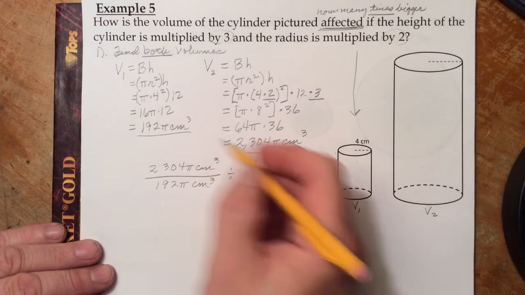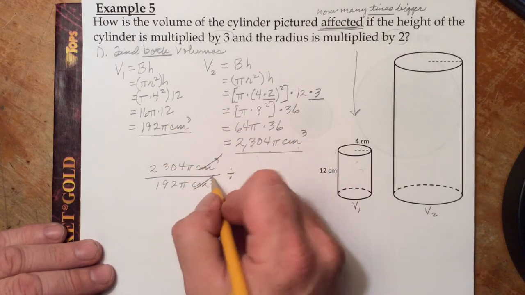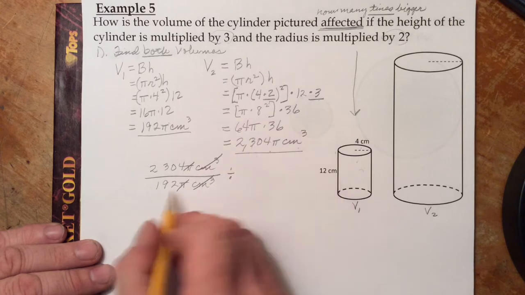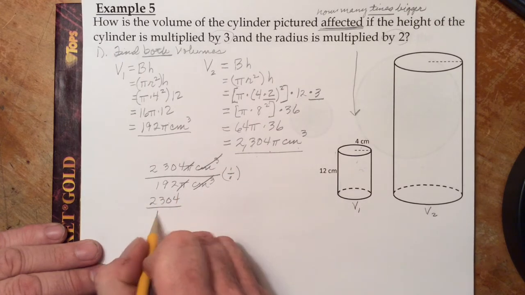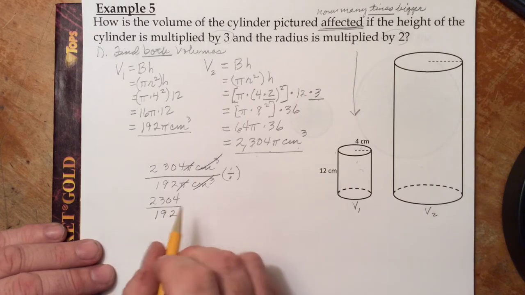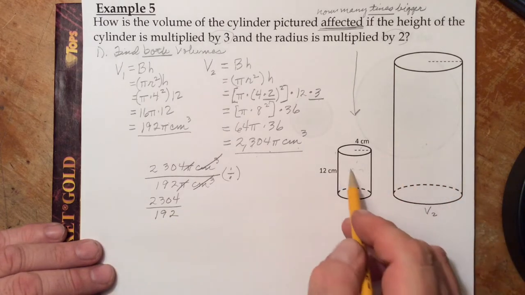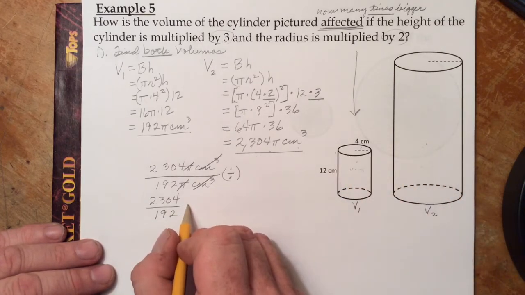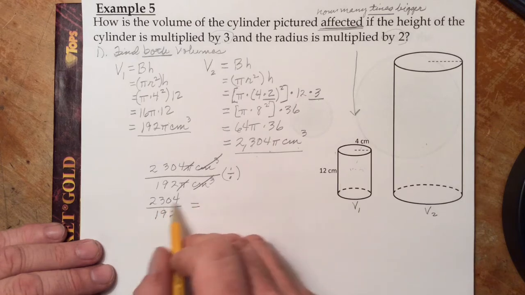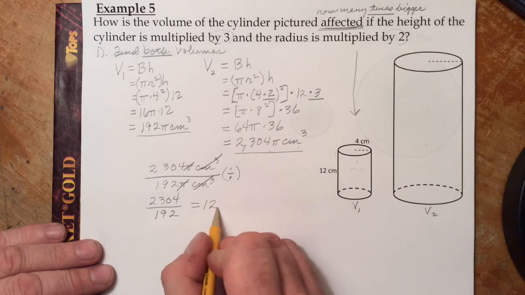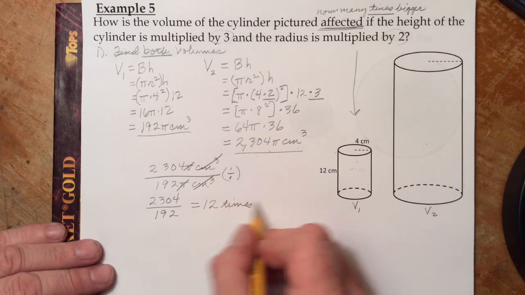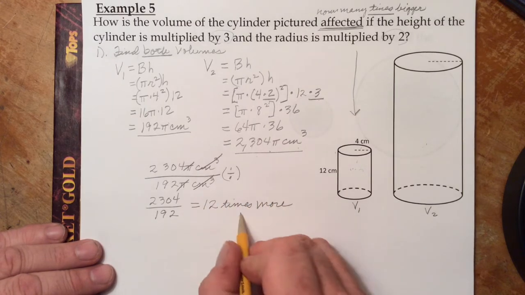Obviously the pi and units divide out, and we have 2,304 divided by 192. This tells us how many times bigger this one is than that one. 2,304 divided by 192 is 12, so 12 times more volume.